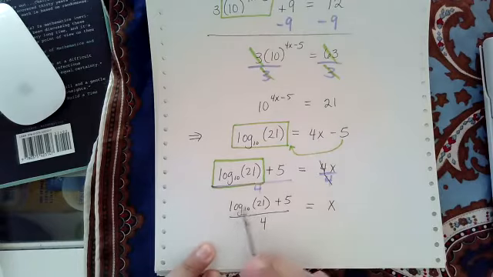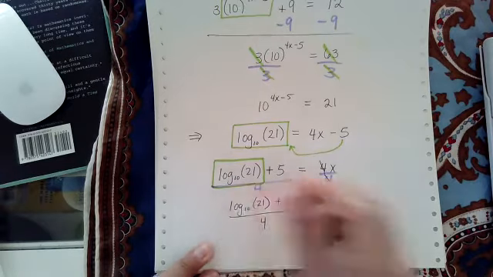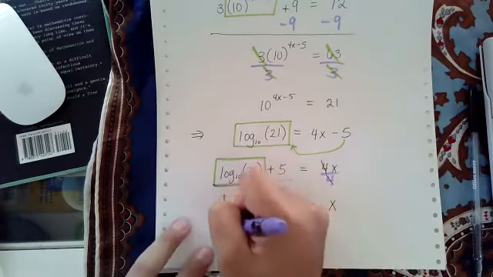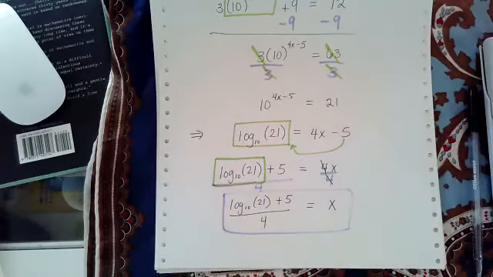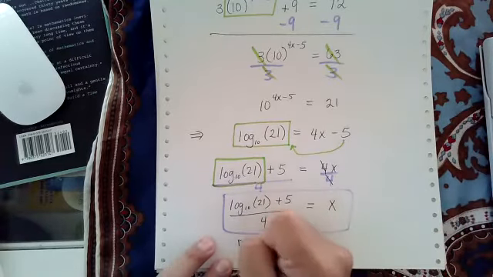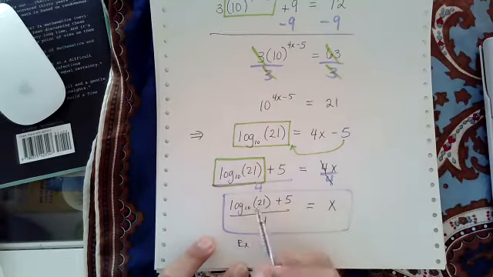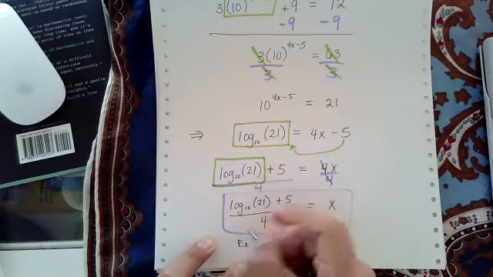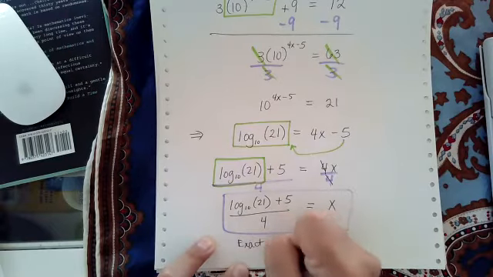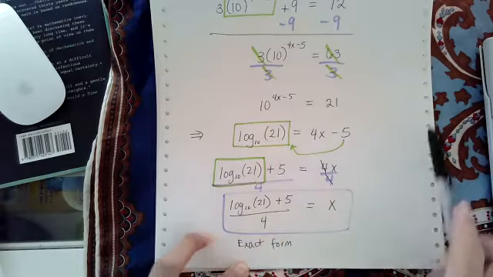This expression here, log base 10 of 21 plus 5 over 4, that is the exact solution. That is exact form. When you leave this expression in logarithmic form, we haven't made any rounding error. That is the exact answer.